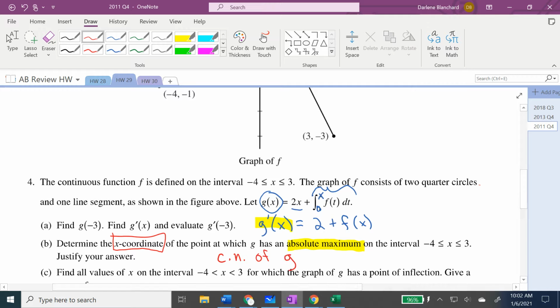So that means I need to know what makes the derivative of g equal to 0 or undefined. Here is the derivative of g, and I need to know what makes it equal to 0. So when I look at that equation, I realize that my critical number is actually going to be the solution of when f of x is equal to -2.